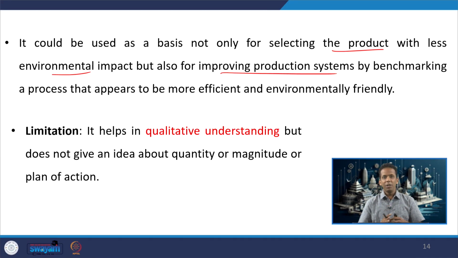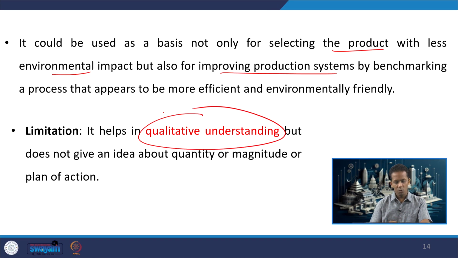The limitation of this fishbone diagram is that it helps in only a qualitative understanding of the problem. It does not do any measurement, or talk about quantity or magnitude. Also, it does not talk about what would be the plan of action. Some rough fishbone diagrams can be used for comparing possible plans of action.